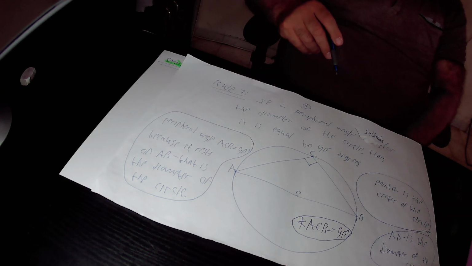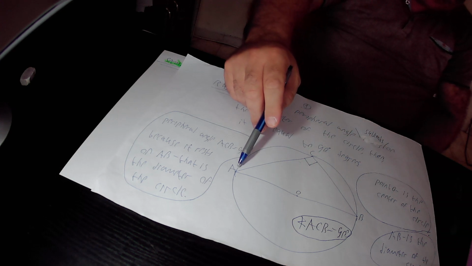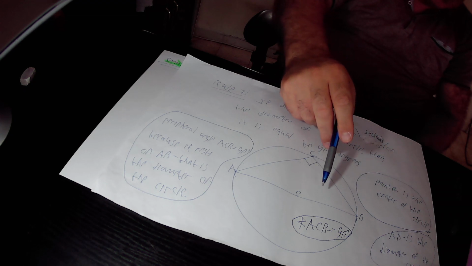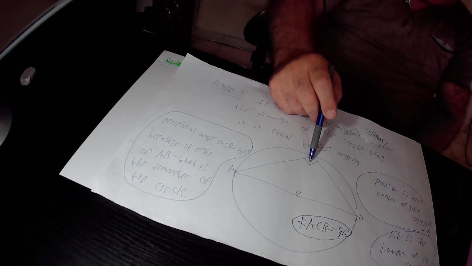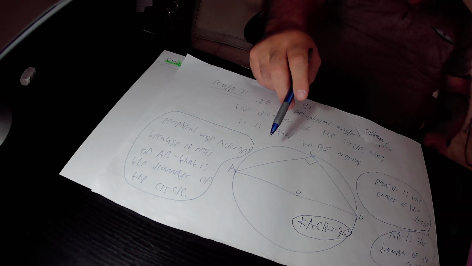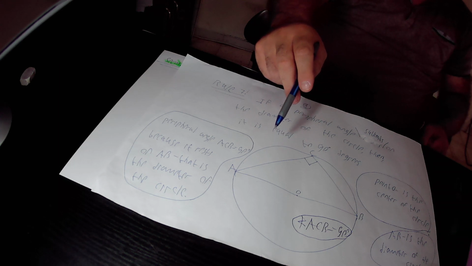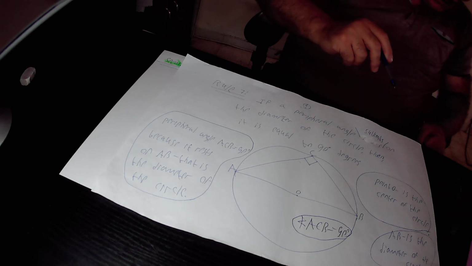And this is peripheral angle ACB, and because peripheral angle ACB subtends AB, the diameter of this circle, the size of peripheral angle ACB must be equal to 90 degrees.